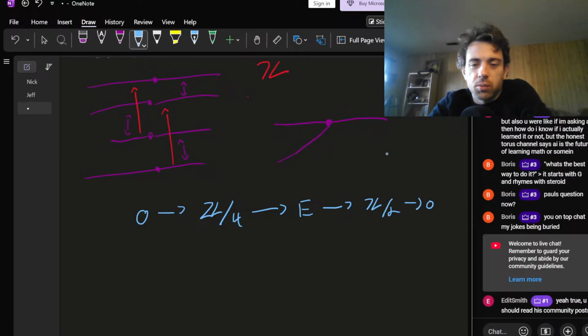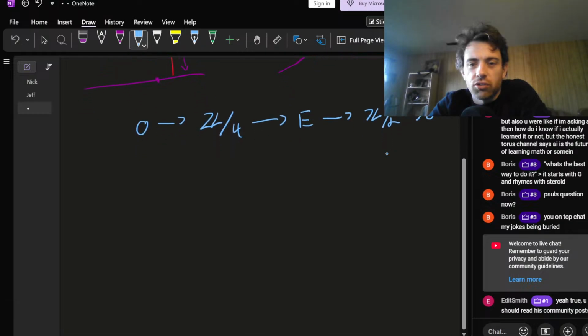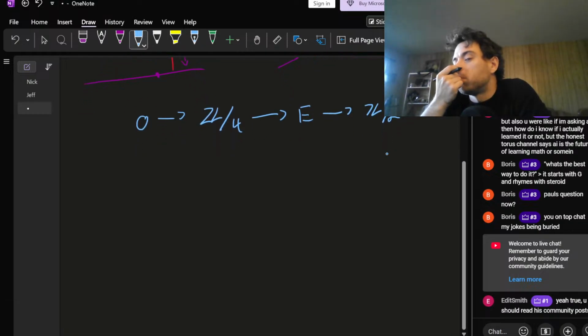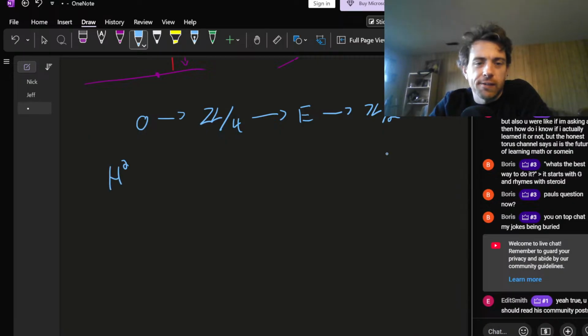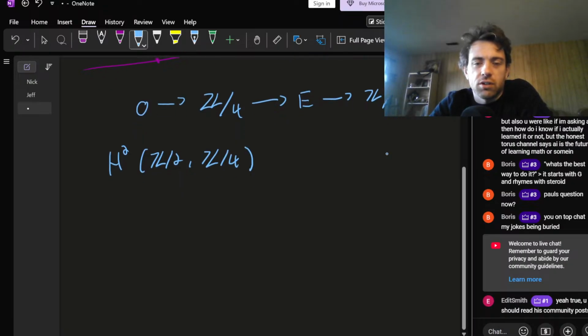So basically we want to determine all the extensions between here and, this is given by the second cohomology. And one can actually view this by looking at the subcomplex of normalized chains.